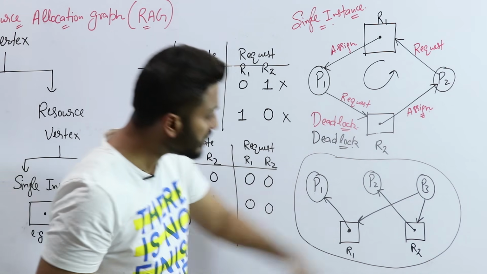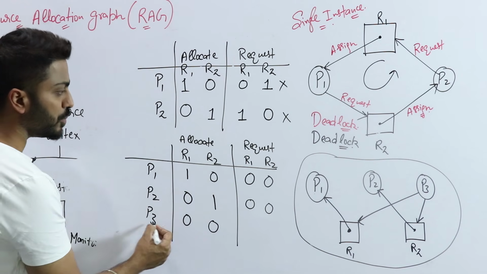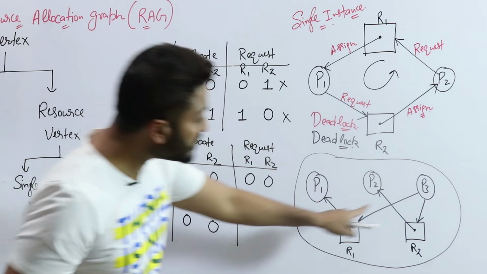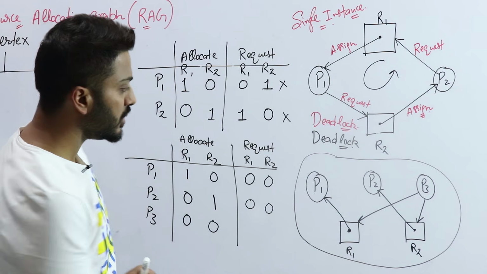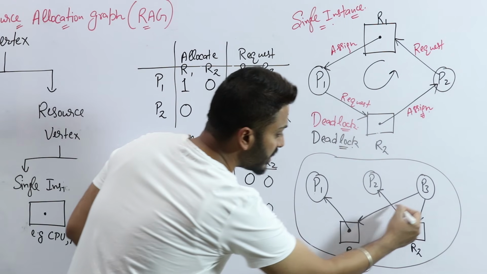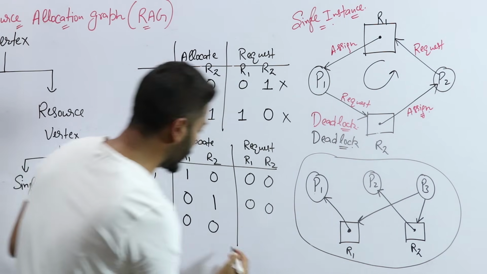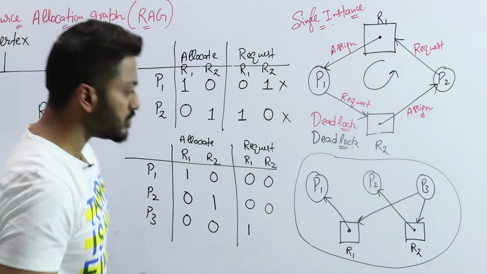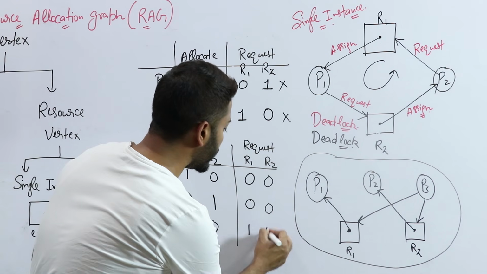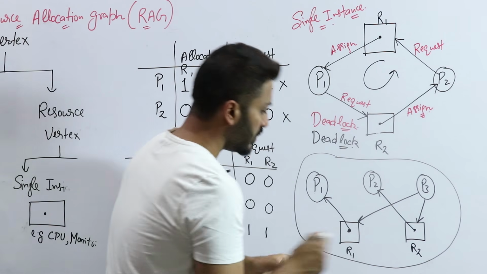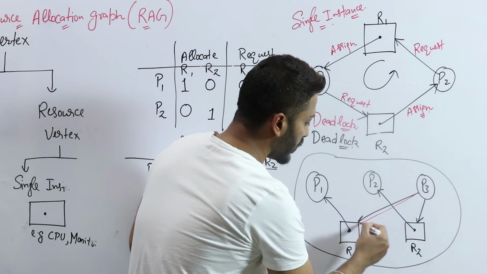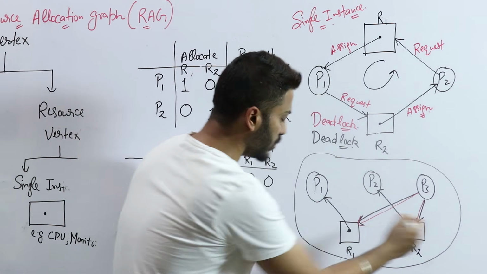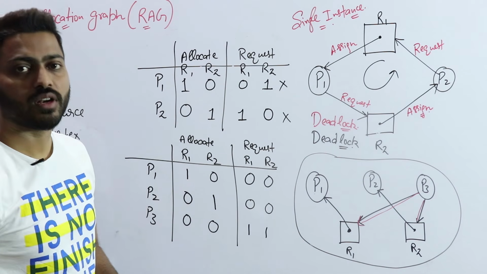So P3. Check whether P3 is requesting? Yes. Here P3 is requesting one resource of R1 and one of R2. So we have to write 1, 1.